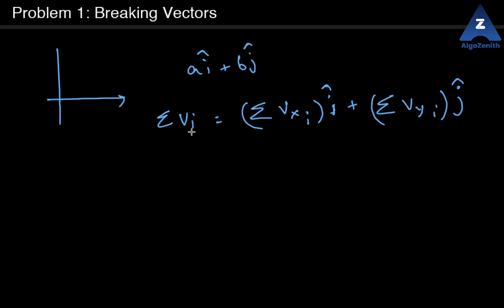Now we know that the summation of all vi vectors should be equal to the R vector given, and R is given as rx and ry. So this part has to be equal to rx, and in fact it's given in small letters, so let's use that. So this has to be equal to rx and this has to be equal to ry, right?